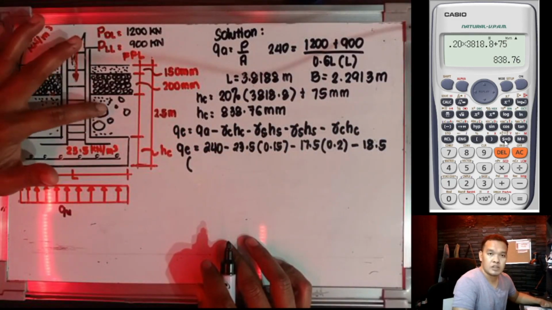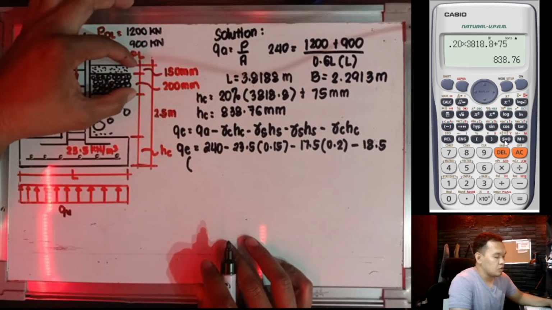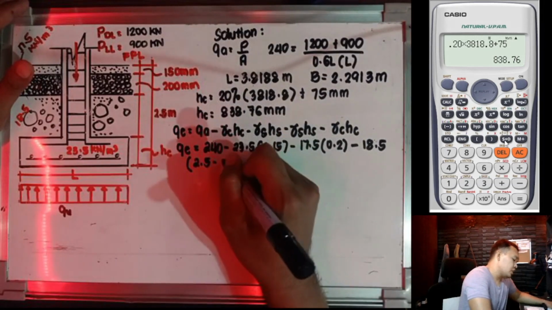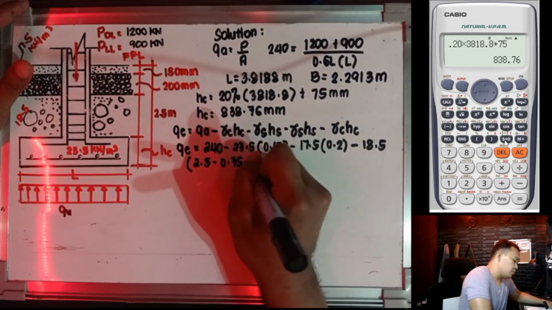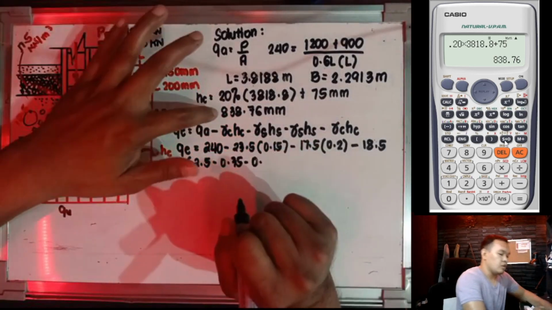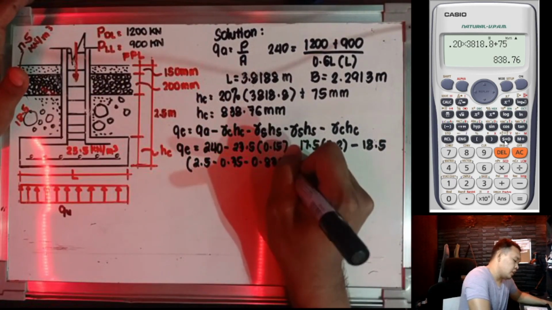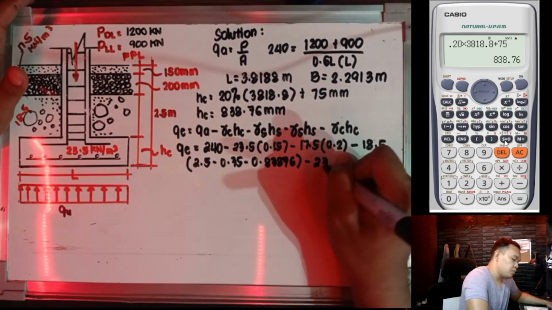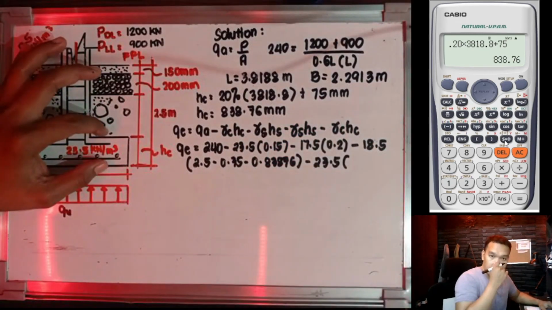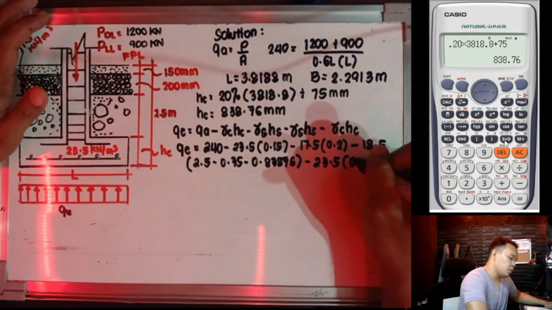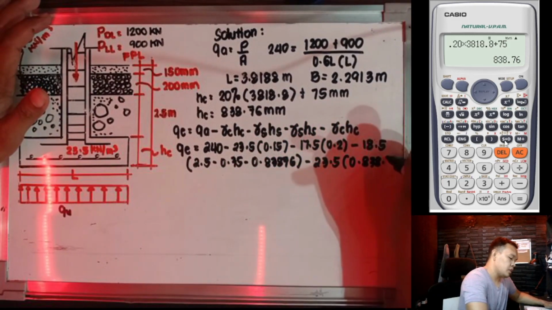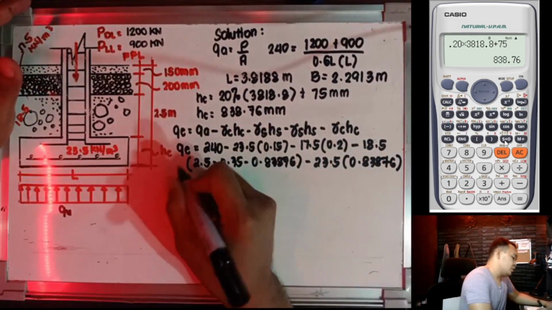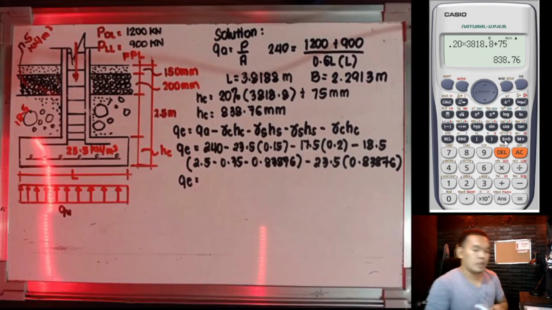The thickness of our third layer is equivalent to 2.5 minus 0.35 minus 0.83876, minus 23.5 multiplied by the height of this one, which is 0.83876. Okay?